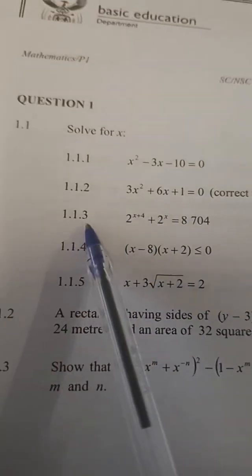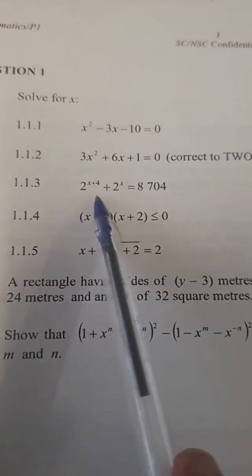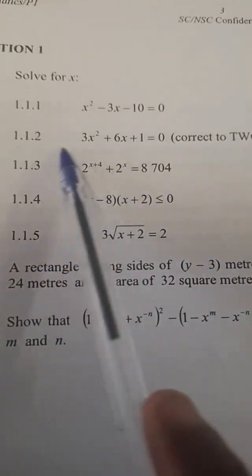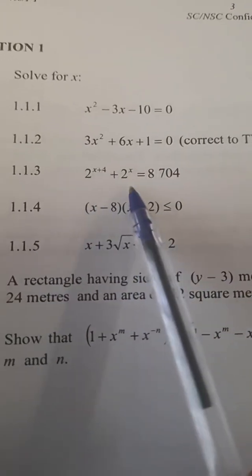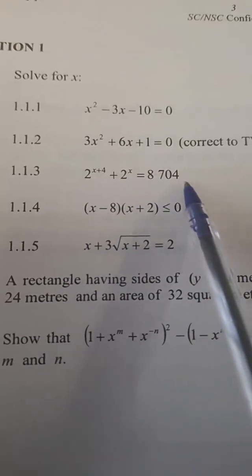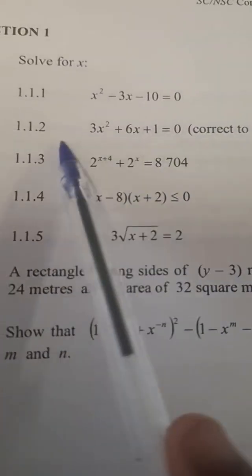Then, to 1.1.3, how would we approach this question? 2 to the power x plus 4 plus 2 to the power x is equal to 8,704. How do we answer a question like this?